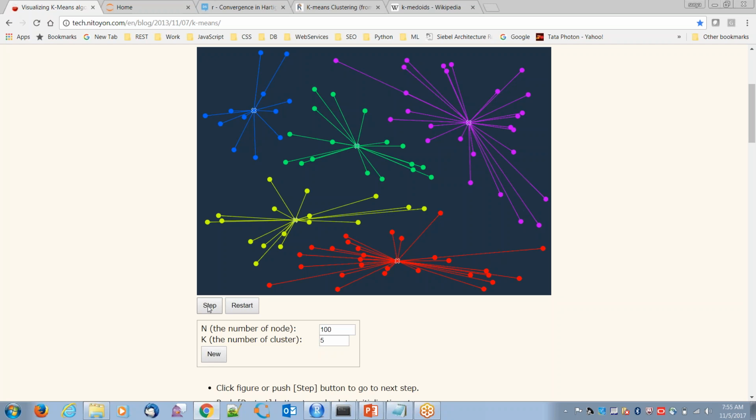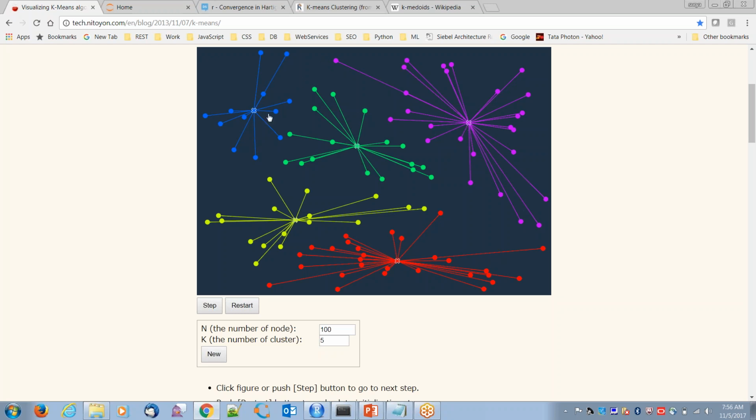So if we repeat that step, what we will see is some data points will move from one cluster to another. So for example, let's take this data point. Initially our purple cluster was somewhat like this here. So this purple data point was close to the earlier cluster center, but now the cluster center has shifted, and this green cluster center has also shifted.